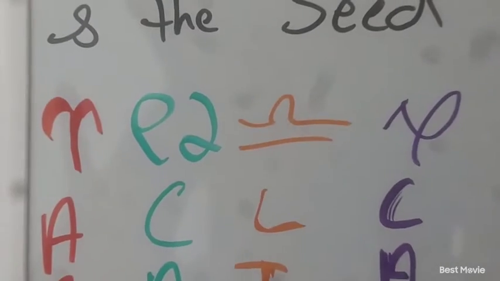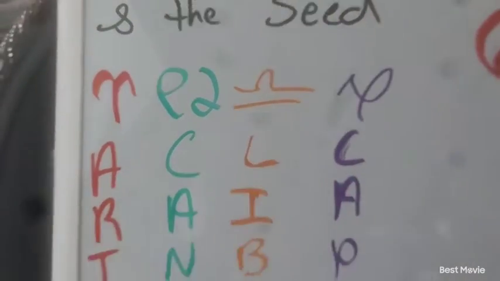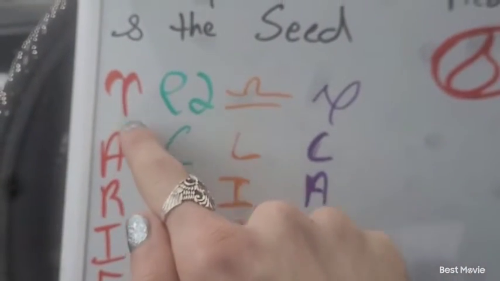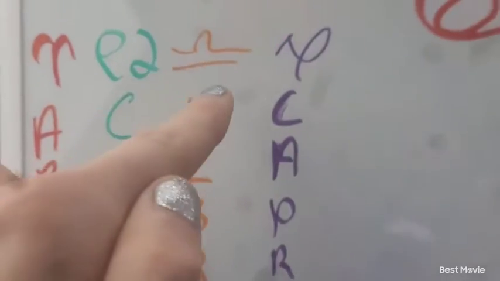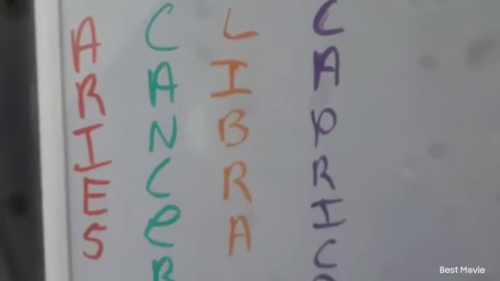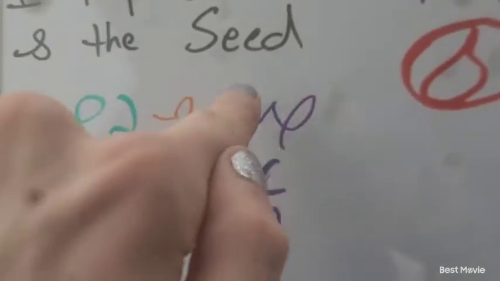And these are all the cardinal of these elements. So now we have Aries, represented right here. We have Cancer, represented like this. We have Libra, represented like this. And then we have Capricorn, represented like this.